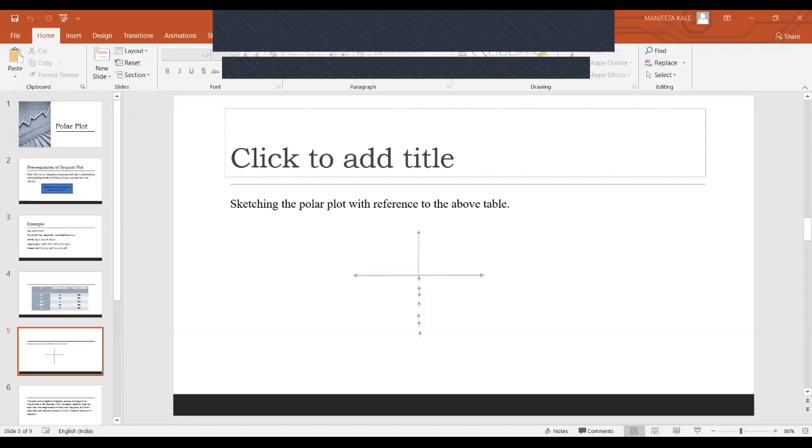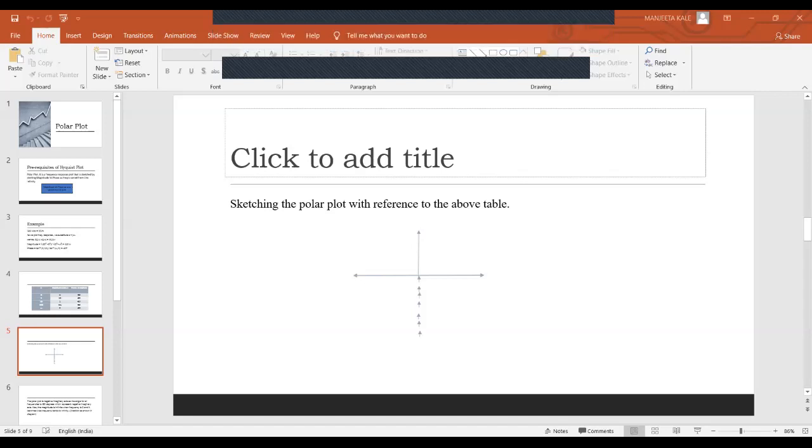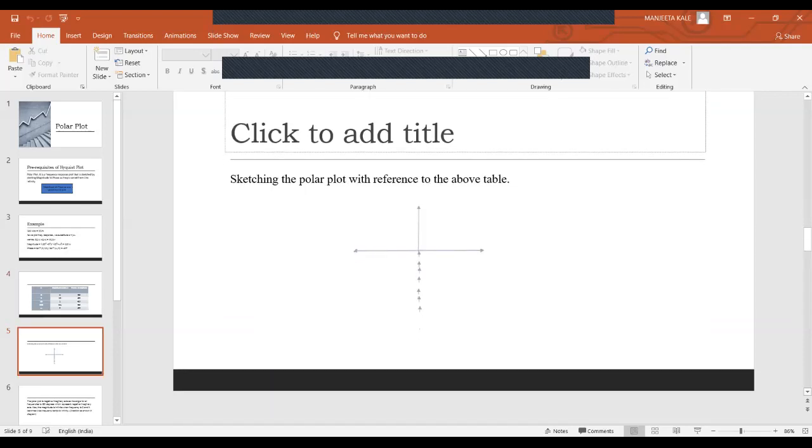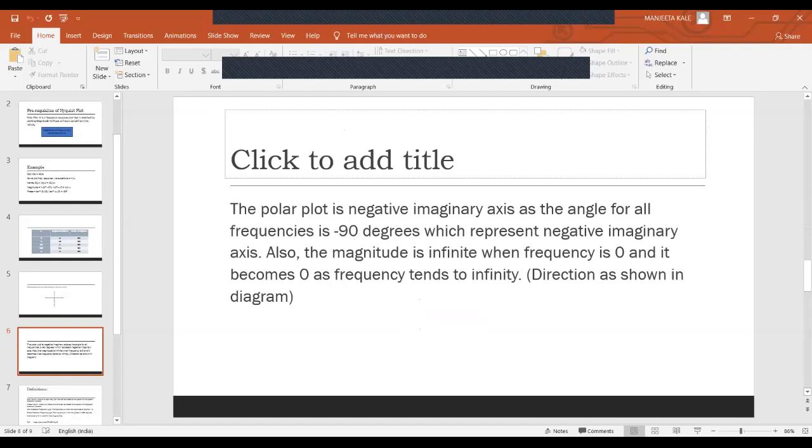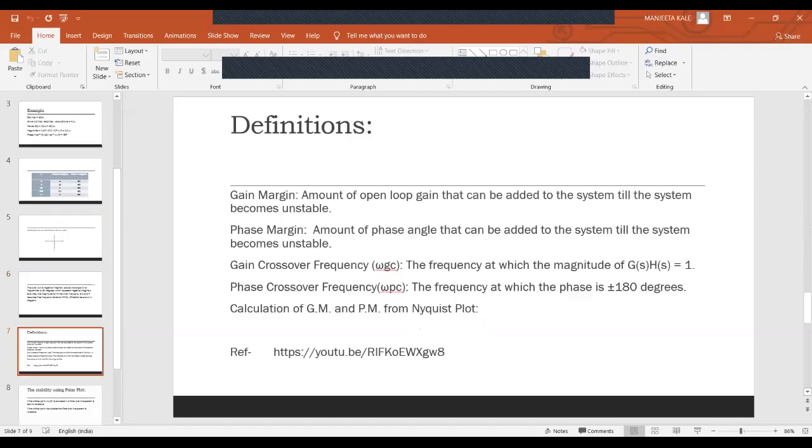Okay, now moving on. The next thing that we need to revisit is the definitions. These definitions are learned in Bode plot as well. Those who need revision, please revise the definitions of gain margin, phase margin, gain crossover frequency, and phase crossover frequency.